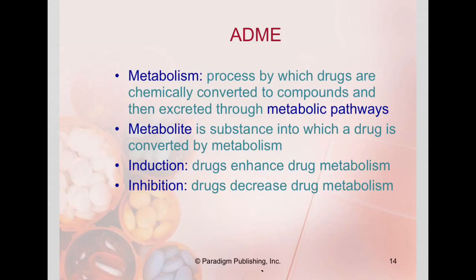So make sure you know those 3, just don't get them confused. Induction are drugs that increase your metabolism. Inhibition decreases your metabolism. So on page 29, go over those and look at some of the examples of the drugs that cause induction and the ones that cause inhibition. Also look over the competitive inhibition and the non-competitive inhibition.